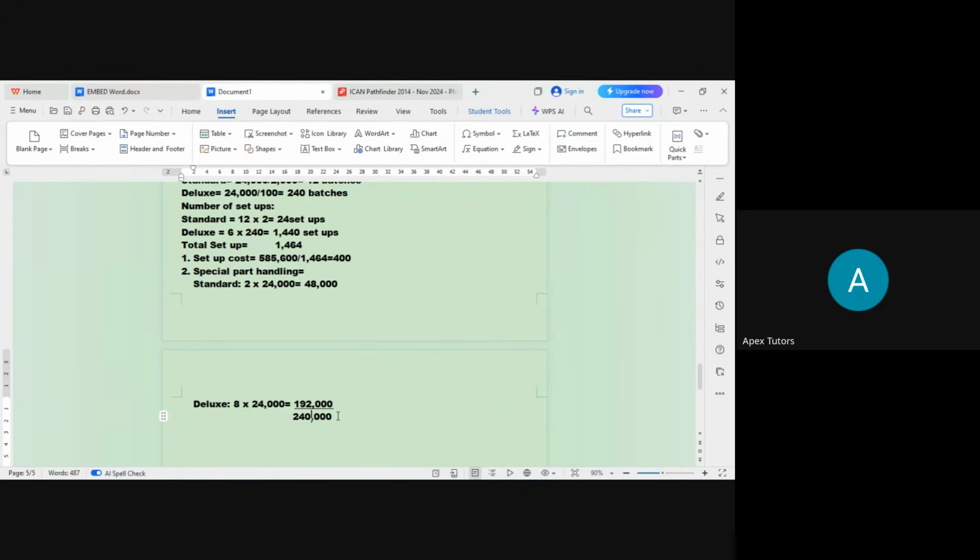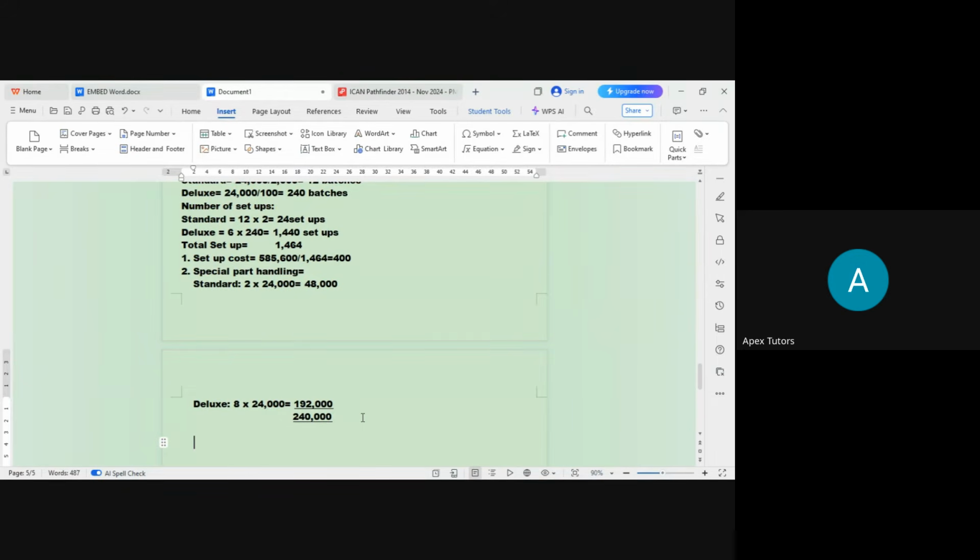So the special handling is 240. Now, for you to get the cost driver rate, what will happen now? We divide by the cost driver.